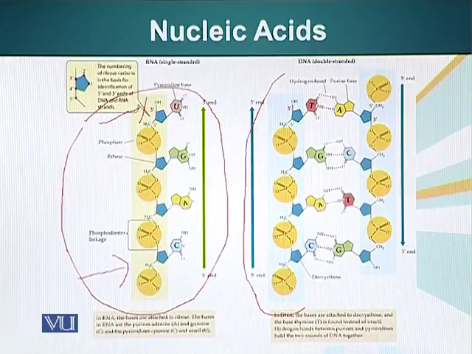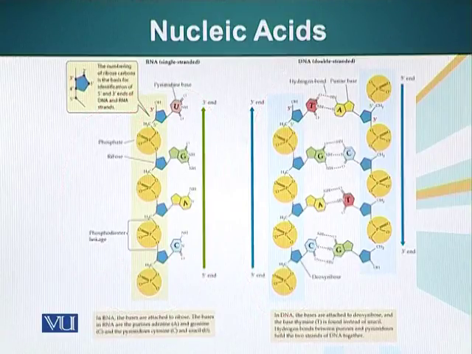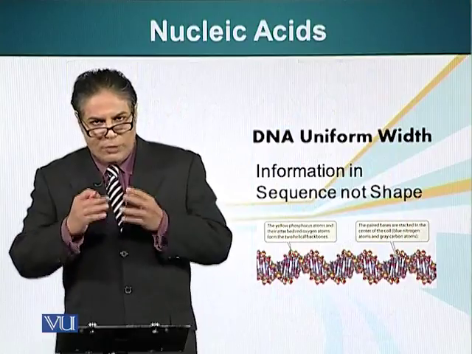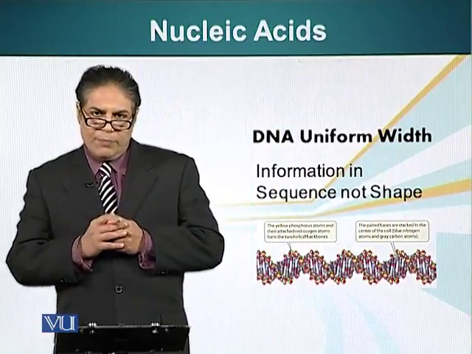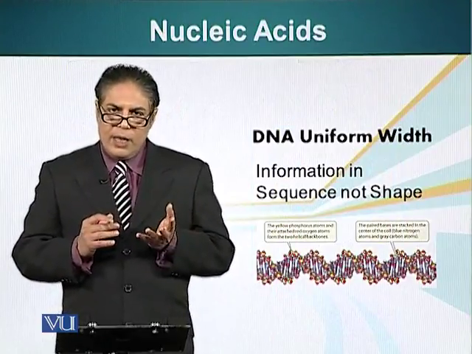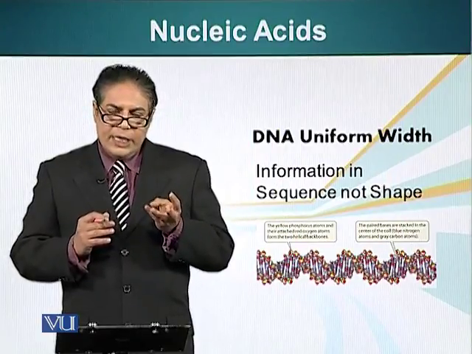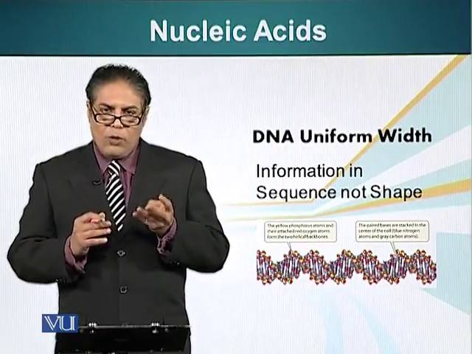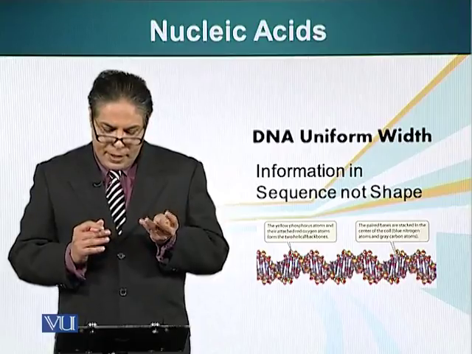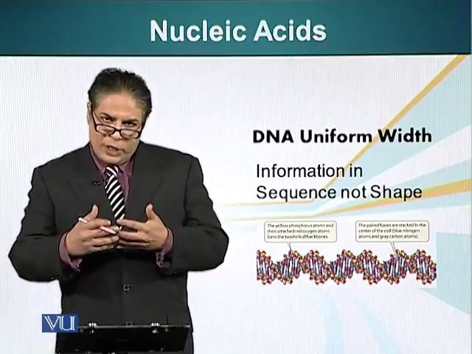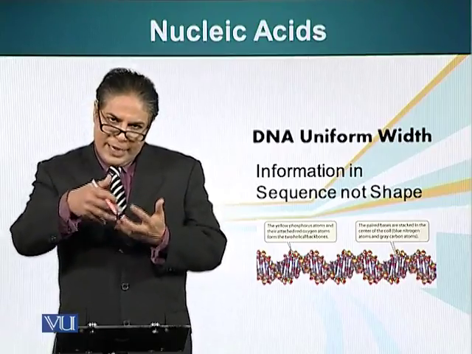Now let's look at some other properties of these molecules. DNA and RNA contain information as a result of the sequence of their nucleotides. We talked about the nucleotides A, G, T, and C, or U in the case of RNA. This information in DNA is present inside.